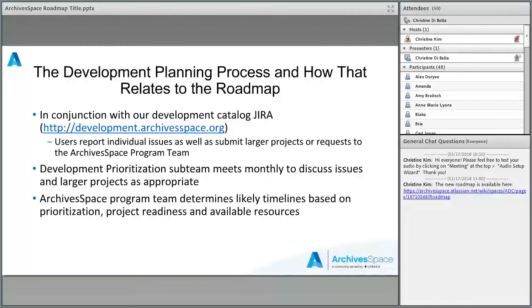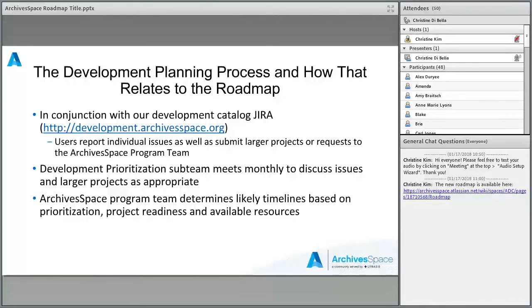In the case of our staff user interface effort that was just concluded, in terms of the recommendations coming in, there are going to be a lot of different projects that come out of those sets of recommendations. So the development prioritization subteam represents the membership in helping the program team determine what the priorities are and how to sequence different things.